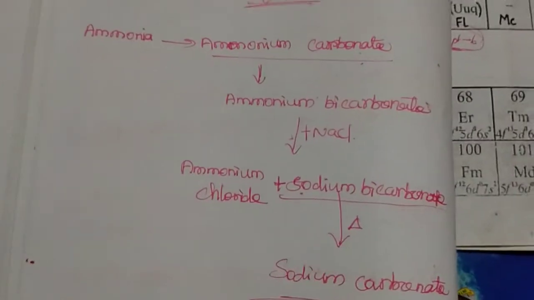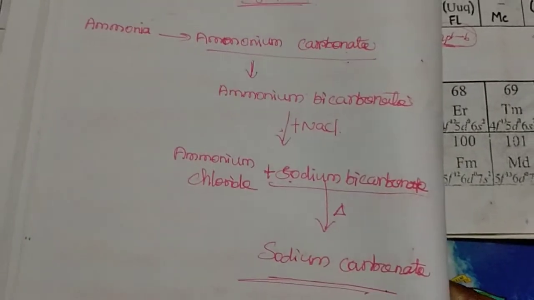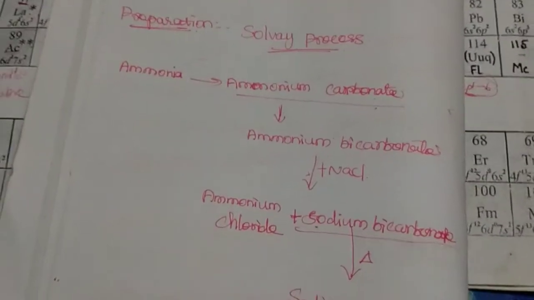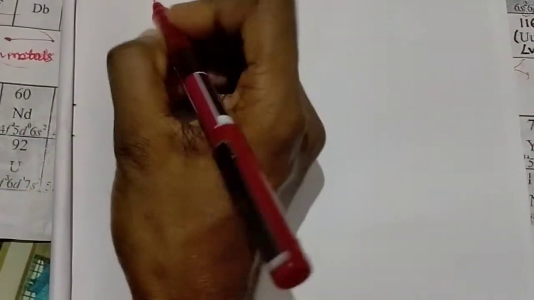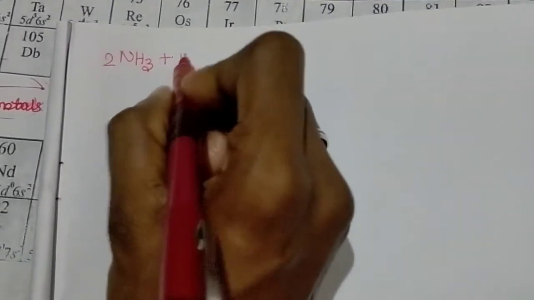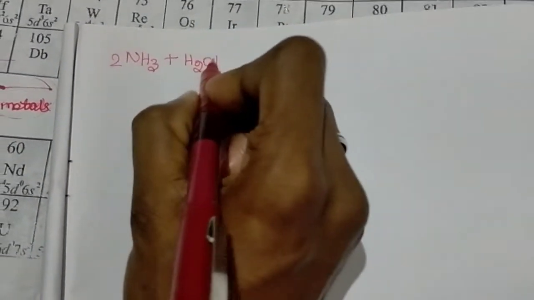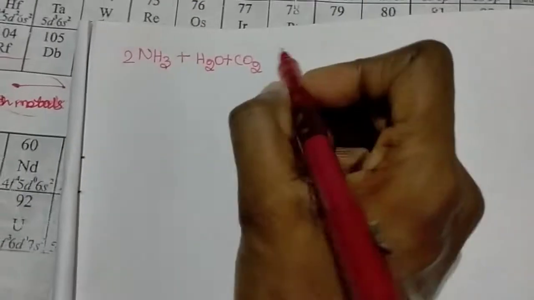Now we'll see the four steps of the Solvay process in equation form. 2 moles of ammonia are treated with water and carbon dioxide.